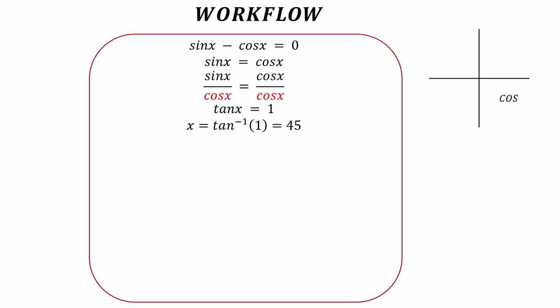For example, if you take this quadrant, cosine of every angle over here is supposed to be positive, right? The next quadrant, if you use the trig functions for any angle at that quadrant, you're supposed to get a positive number.